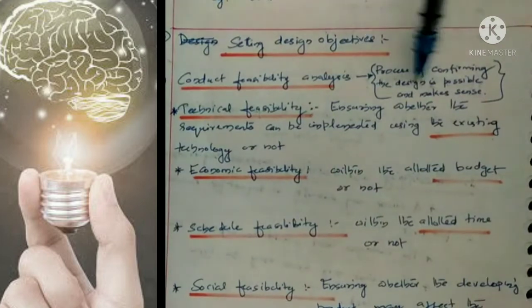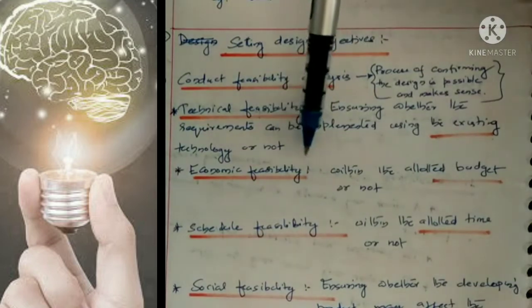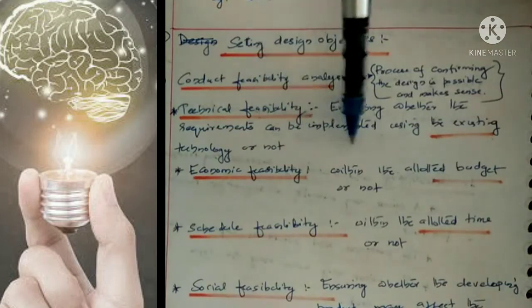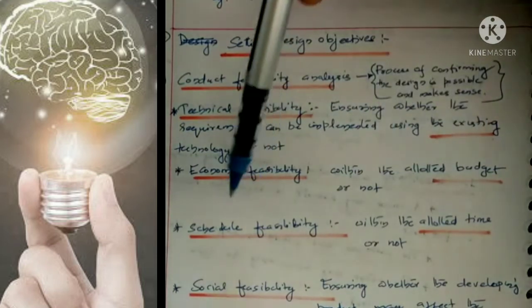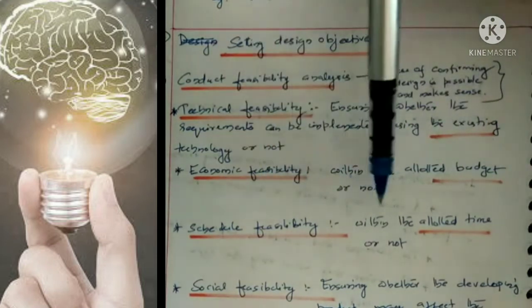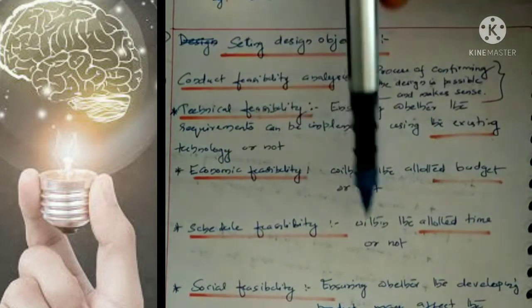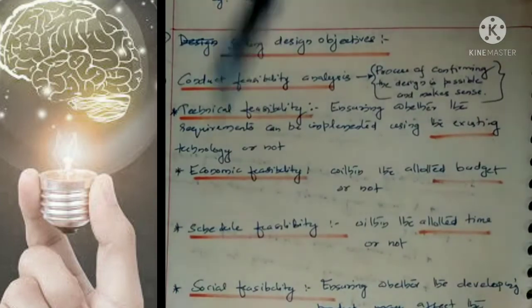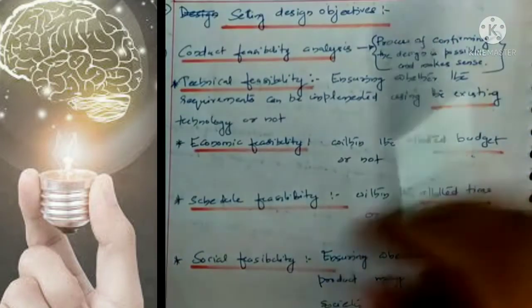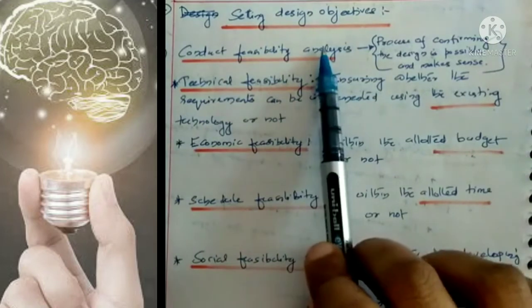We will check whether the requirement can be implemented using the existing technology. Then economic feasibility means we will check whether the requirement can be implemented within the allotted budget. Similarly, schedule feasibility: whether it will be done within the allotted time or not.